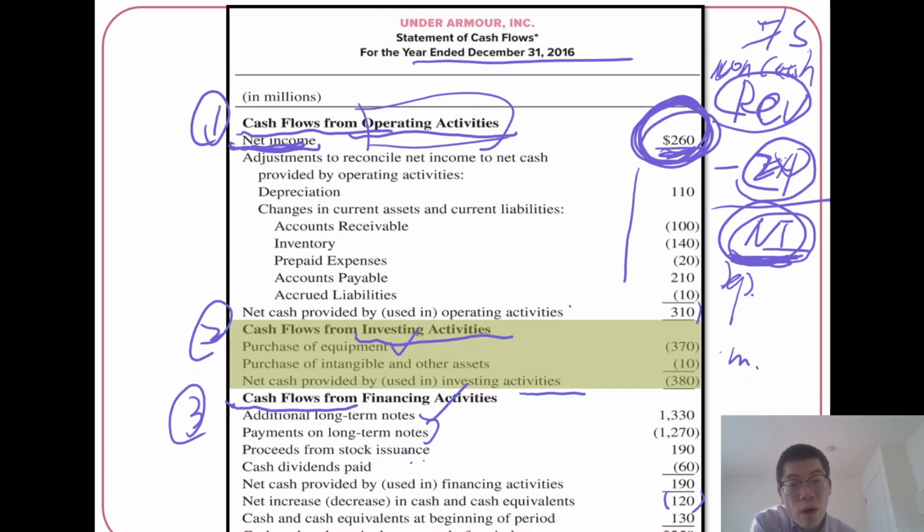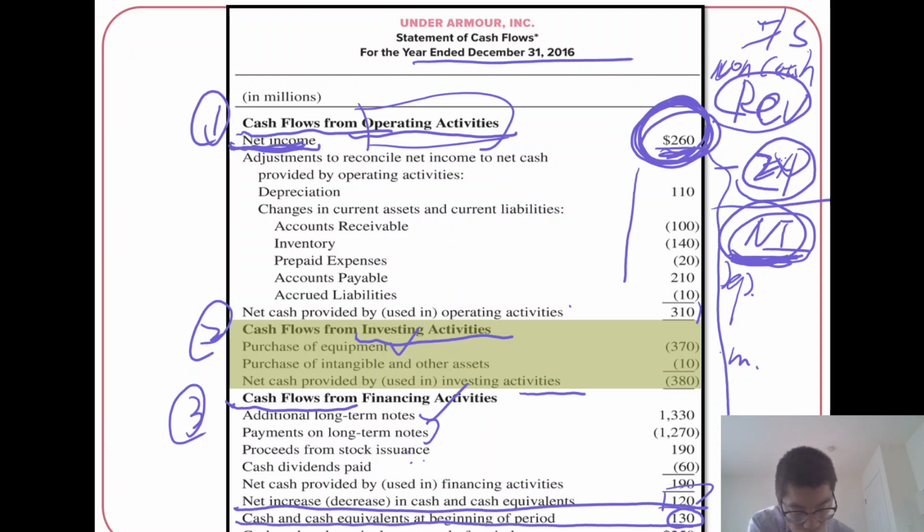We used more cash this year than we earned. Okay, so then cash equivalents at the beginning of the period is 130, and then add 120 cash that increased through the three activities here over the year. Our ending cash balance is $250.